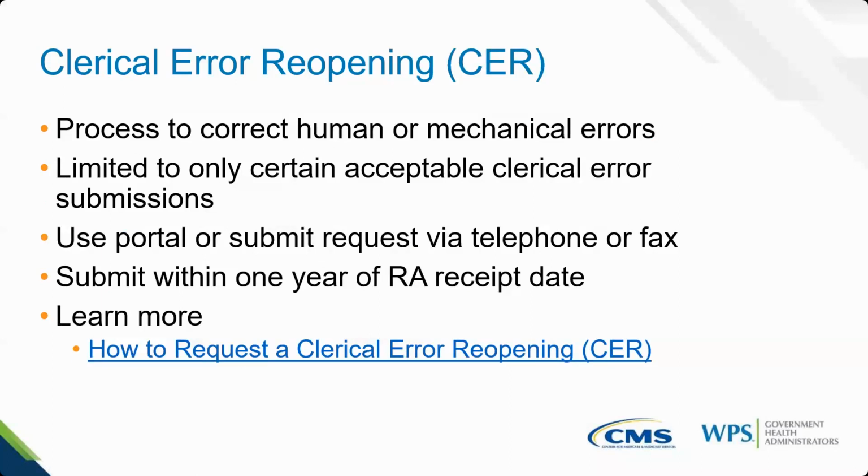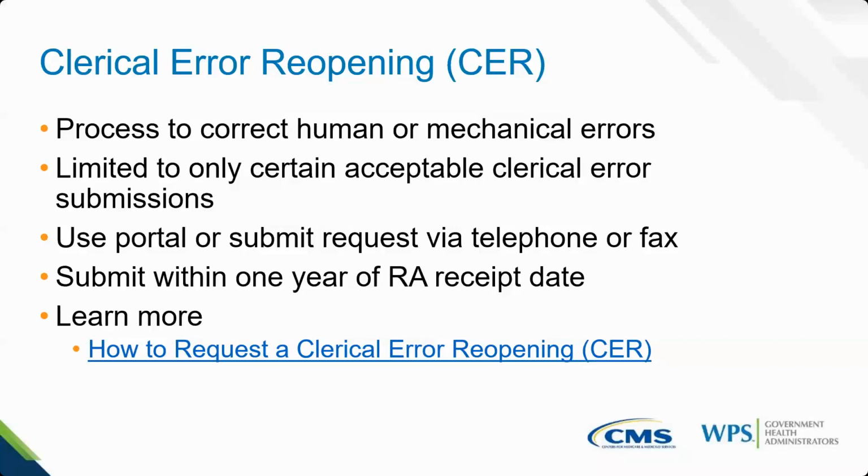It provides some great examples of those situations that can and cannot be processed as a clerical error reopening. It also explains how to request one via telephone or fax should you choose not to use the self-service option to perform or render the clerical error reopening.